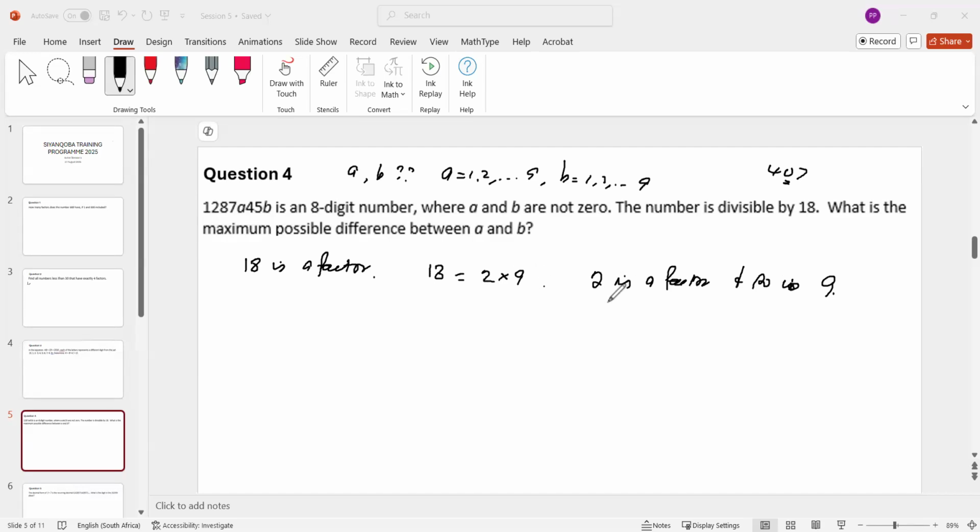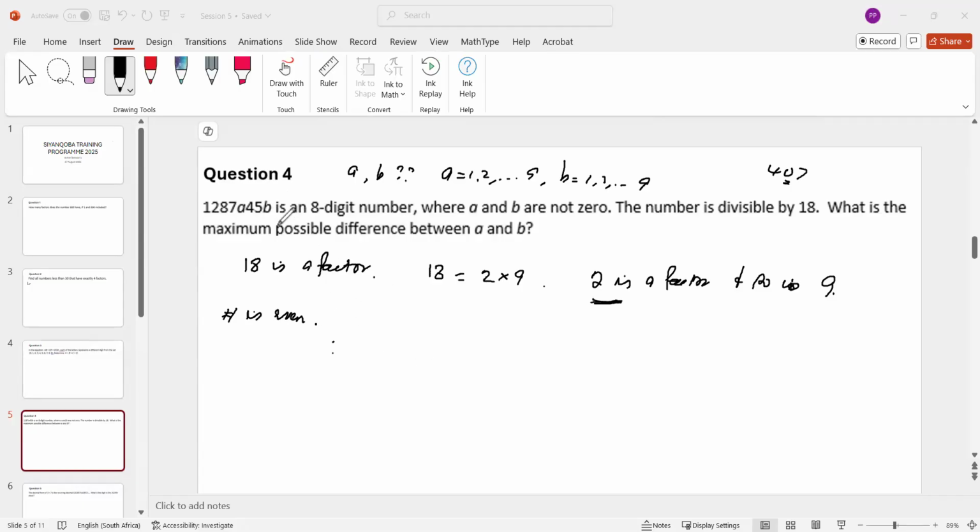All right. Now that gives you a good start, because if 2 is a factor, that means the number is even. Now this is the number we are talking about, 1287A45B. So this number is even, which means that the last digit is even. That everybody knows.